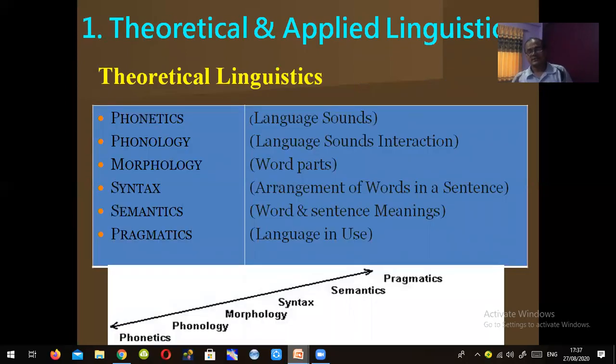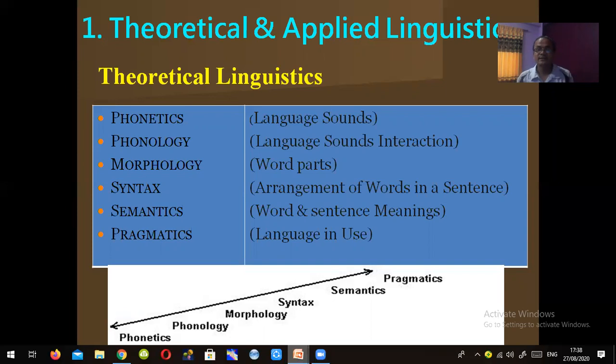See theoretical linguistics. See the left hand side in the table: phonetics, phonology, morphology, syntax, semantics, pragmatics. Out of this, it generates theory. Phonetics means sound system, phonology means sound interaction, morphology means word, syntax means sentence formation, semantics means meaning, pragmatics means language in use.